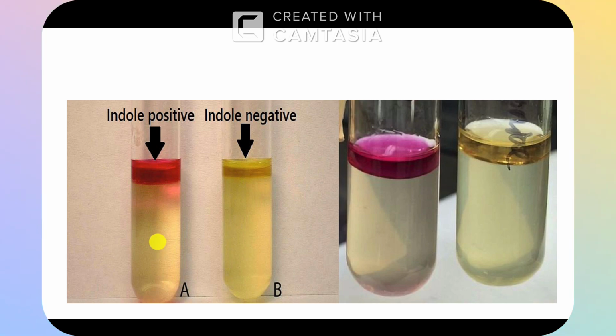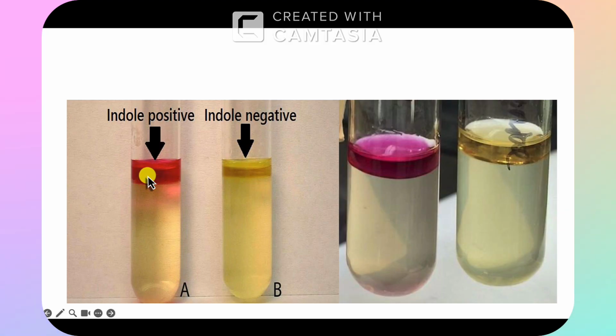After 24 hours, I can add 0.5 milliliter of the Kovacs reagent on this media, which was inoculated previously with E. coli. And then the cherry red ring will appear on the surface, at the top of the media in the tube. So this is positive, and this is negative.